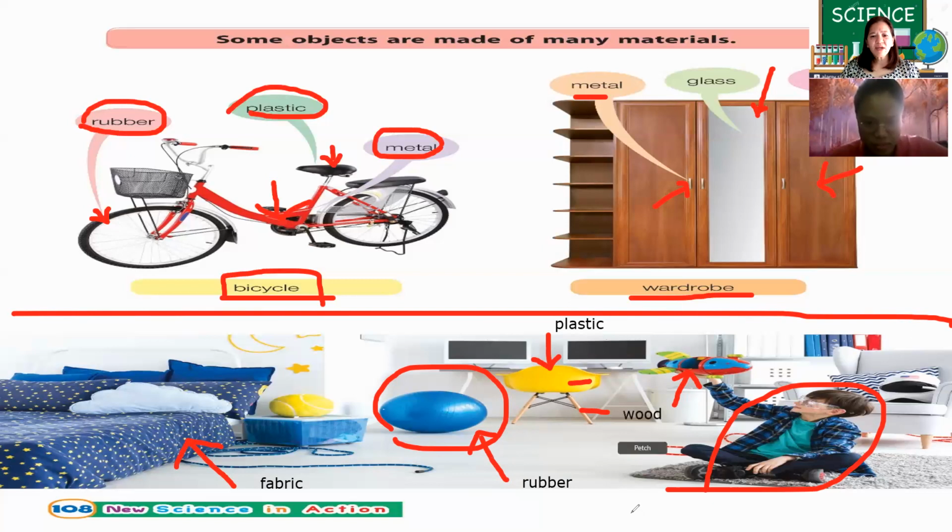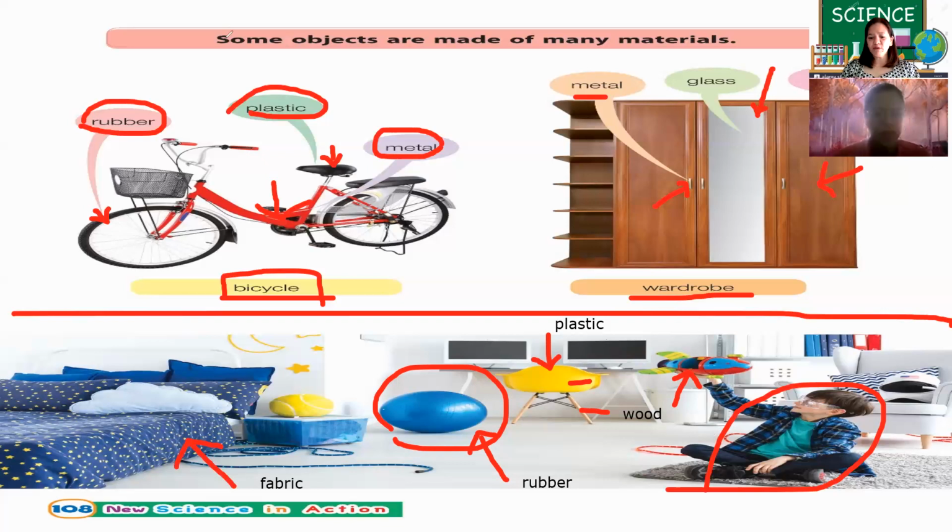There are a lot of materials you can find in this photo, in this bedroom. You can write it, everyone. Find as many as you can in this photo, and then you label it if it is plastic, wood, rubber, whatever. I know you can do it, guys.